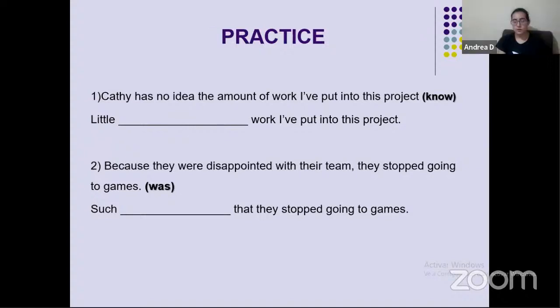Well, there are two ways. Disappointed. Such. Such was they disappointed. No. Yeah, kind of. You're close. Disappointed, but not disappointed, because that's an adjective, right? You need a noun.